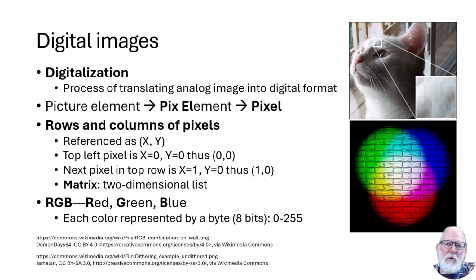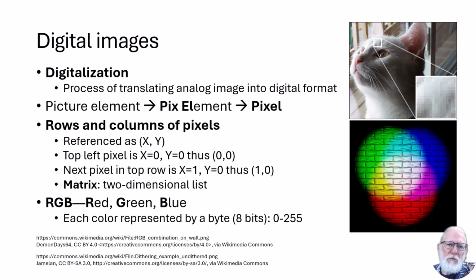There's another video that will talk more about the mixing of the colors. But for our purposes now, just know that every pixel has a red, green, blue value that ranges between 0 and 255, because each color component is represented by 1 byte or 8 bits, and 8 bits has a maximum value of 255.